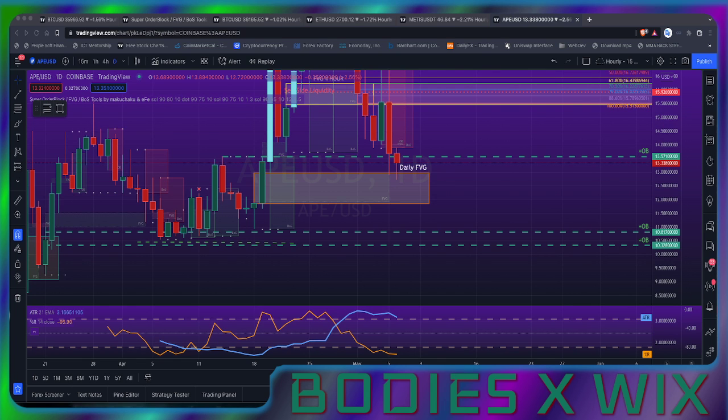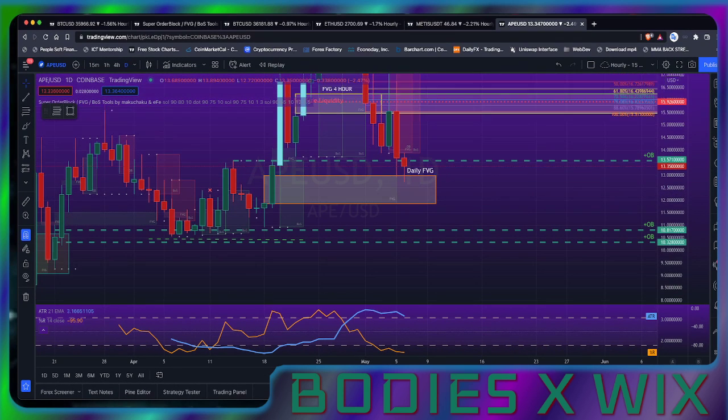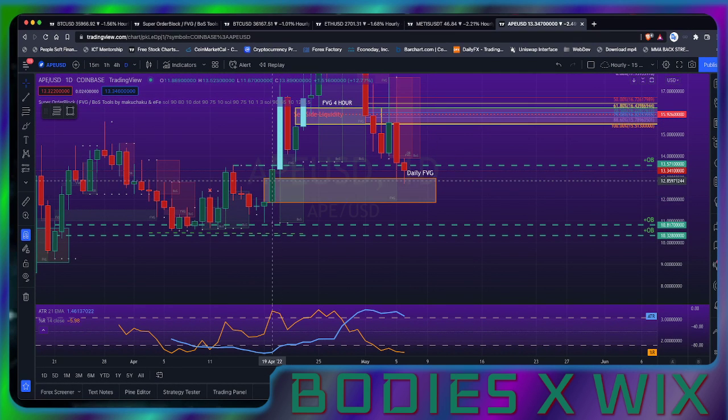So right now, as you can see, even though it did break this high, that would be a break of structure. I don't know if you can see, I have this new overlay on TradingView. It's called Super Order Blocks /FVG /BOS Tools by Makachaku in FA.